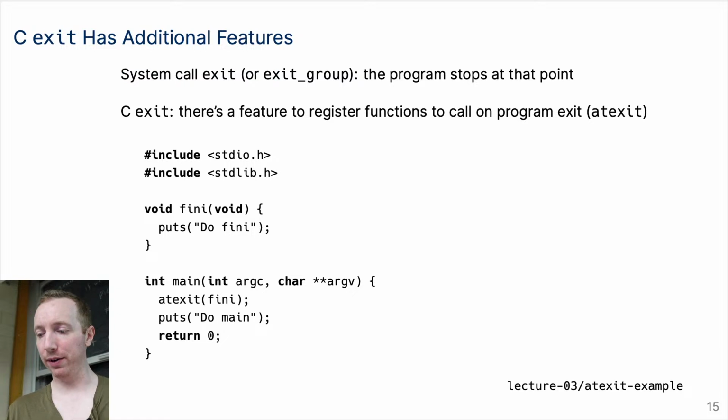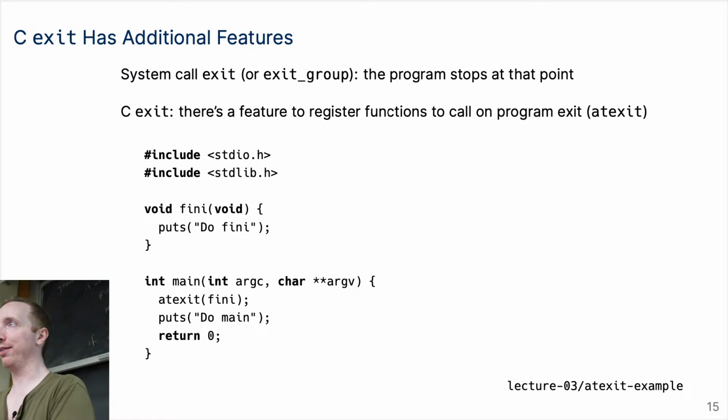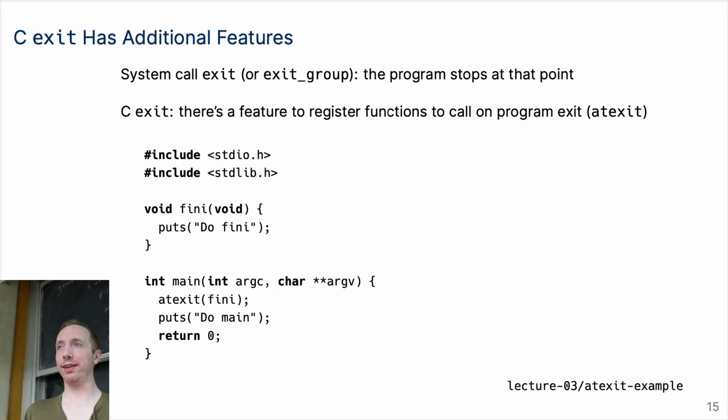So we'll see how to use them, but first let's look at the exit system call, because we used exit_group. In C, we've just been returning from main, but your other option is to use exit, and this is just to demonstrate additional features that C might put in.